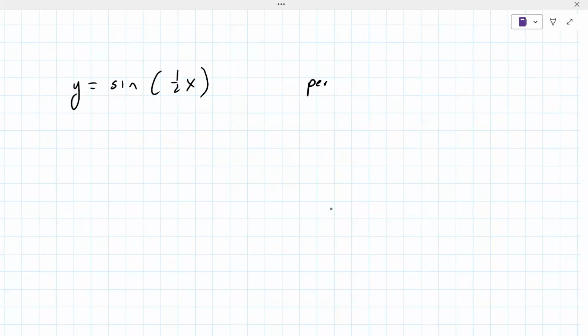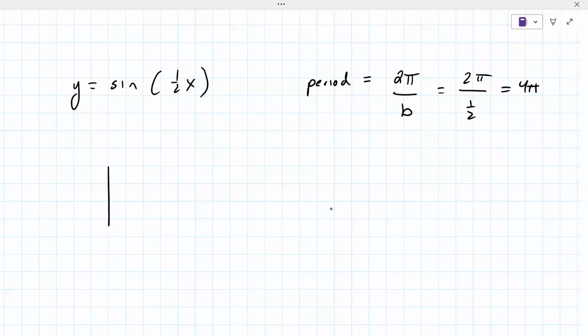Do you remember what the period is for a sine or a cosine? 4 pi. Yes. So this is 2 pi over b, over 1/2, which is 4 pi.